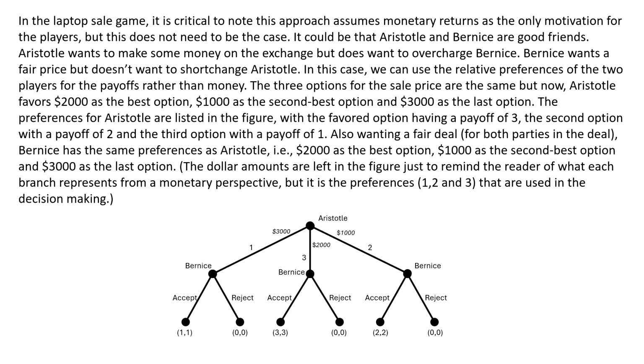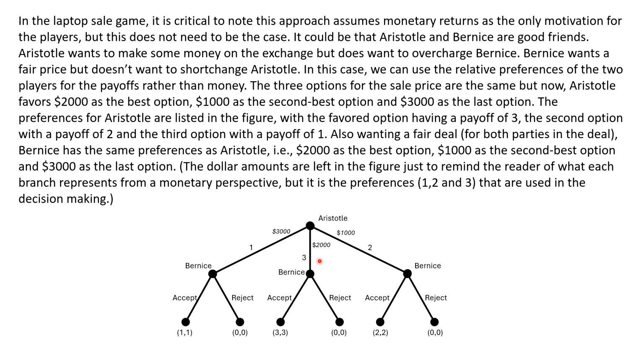On the previous slide, we used money as the criterion for the choices between Aristotle and Bernice, but it may be that Aristotle and Bernice are friends, and Aristotle doesn't want to overcharge Bernice. He doesn't want to lose money necessarily either, so his preference would be to go with 2,000 as his first choice.